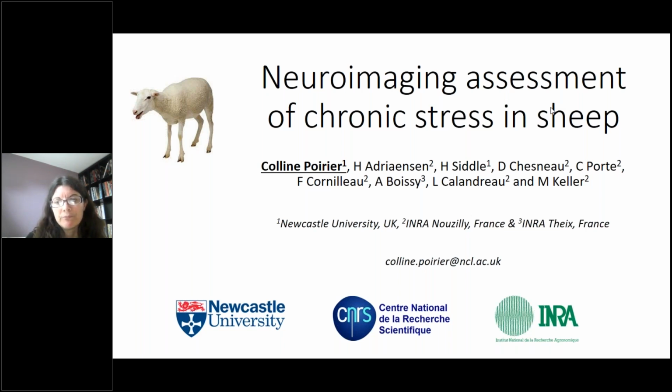Another question. Do you have any idea about the specific mechanisms responsible for the volumetric differences? For example, neurogenesis versus apoptosis. Versus apoptosis. Okay, so in the mammalian hippocampus, we know that apoptosis is quite reduced.